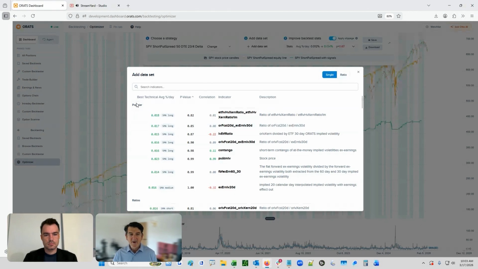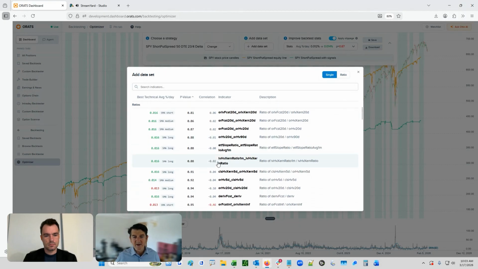So we're adding data sets to say, okay, when implied volatility is trending up, and the moving average of the 10-day goes above the 50-day, then exit the position, and enter the position when volatility comes down. That's what these numbers are in general relating to.